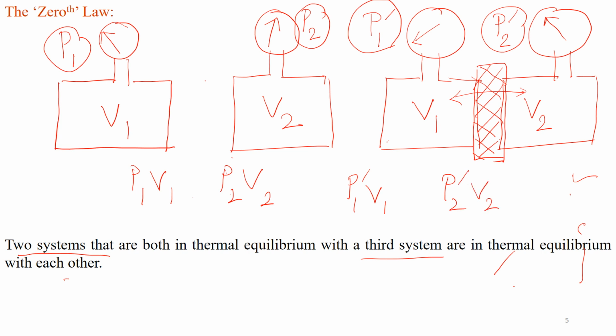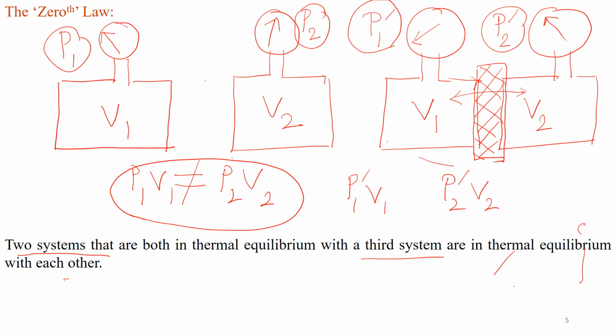Now since PV equals RT and R is a constant, P1 V1 initially cannot be equal to P2 V2, because if they were equal, the temperatures of system A and system B must have been equal. Then the systems would already be in thermal equilibrium and there should not be any change in the pressure.